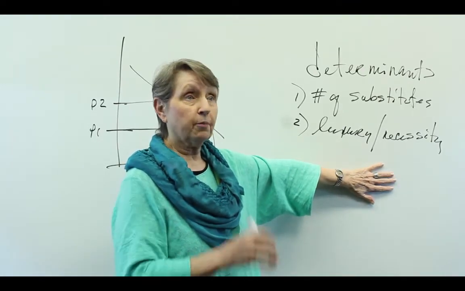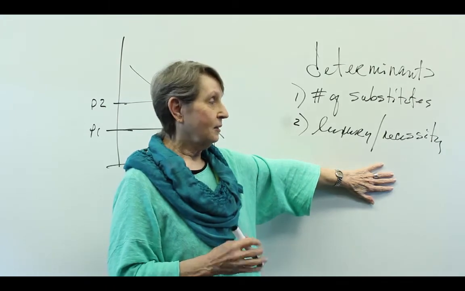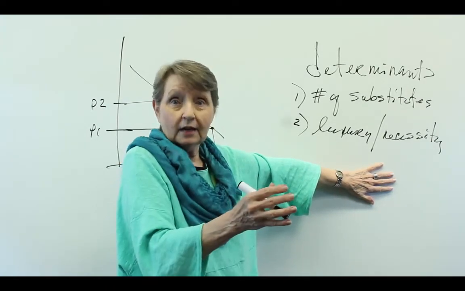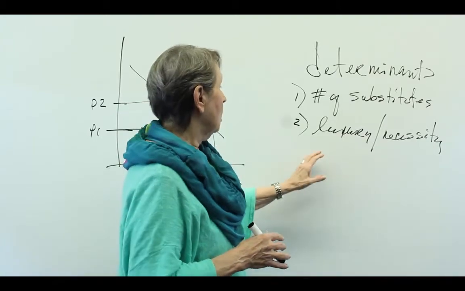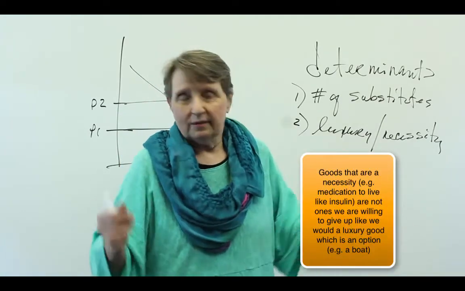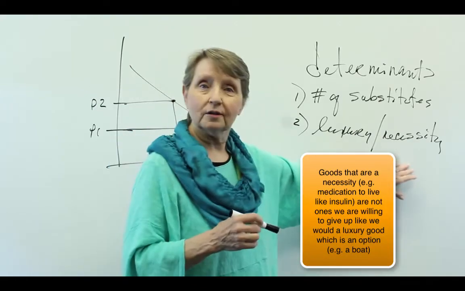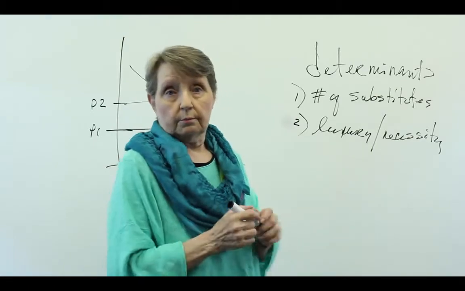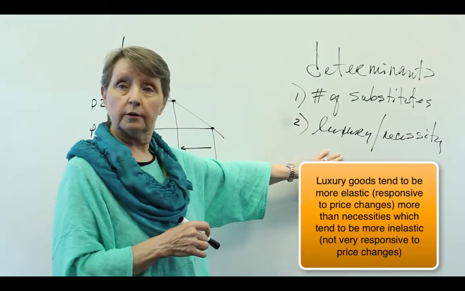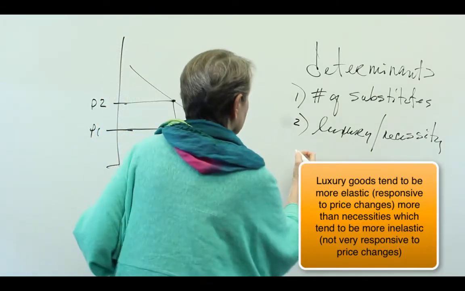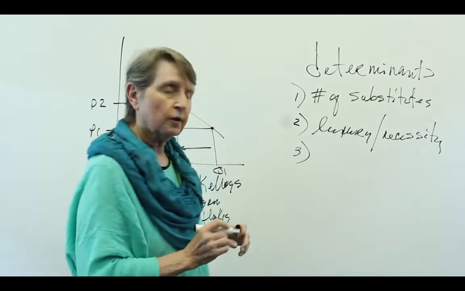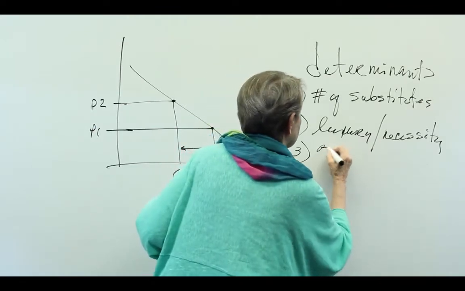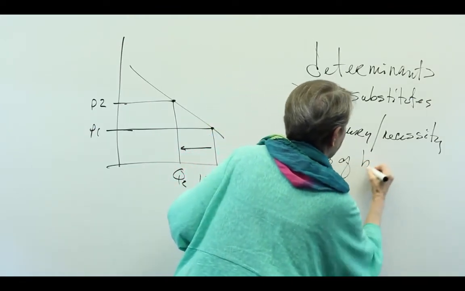And so if the price of insulin goes up, since it's a necessity, you're going to find other things to cut back on, not insulin. Goods that are luxuries are not as important as a necessity. And so if the price of a luxury goes up, we'll just do without more than we will if it's a necessity.